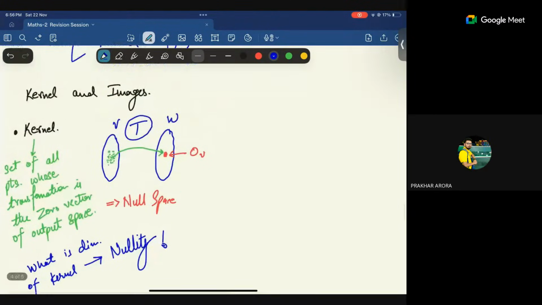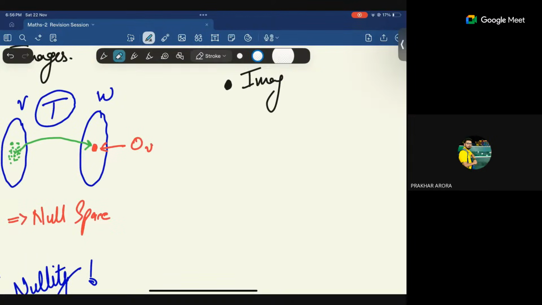Now let's come to images. Images are even simpler than kernels. I will just say one word, and tell me how many of you remember this: range.